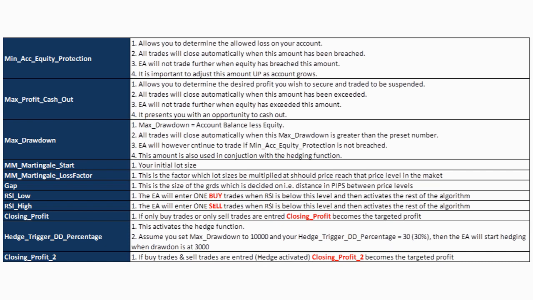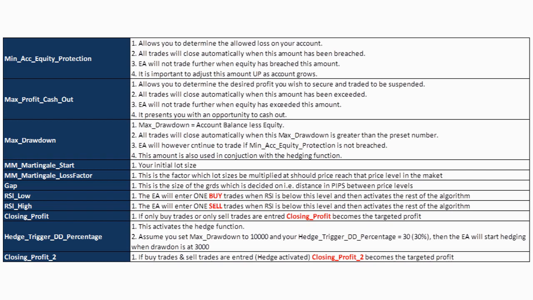Now I'm going to be explaining to you the hedge trigger drawdown percentage. The hedge trigger is basically the drawdown value at which the hedge function will be activated. So let's start with your account, which is a $10,000 account.